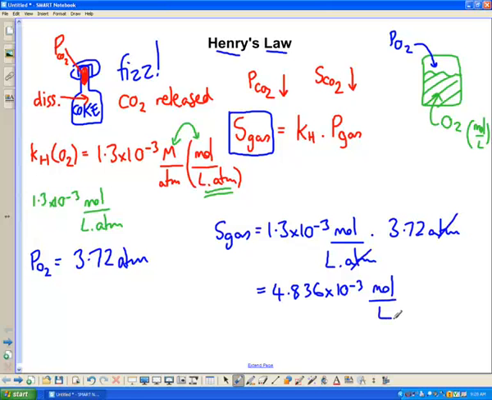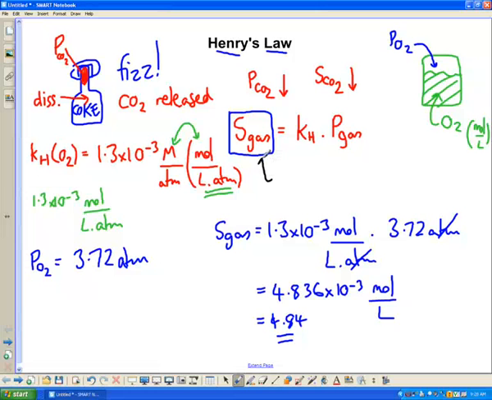Remember I said before the concentration of solubility is always expressed in moles per liter. And if we had to do this to 3 significant figures because of this guy here, of course that would be 4.84 moles per liter.